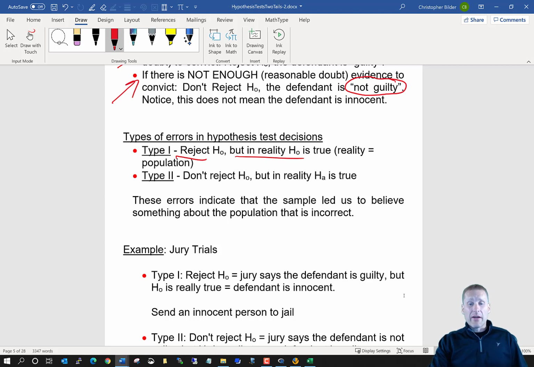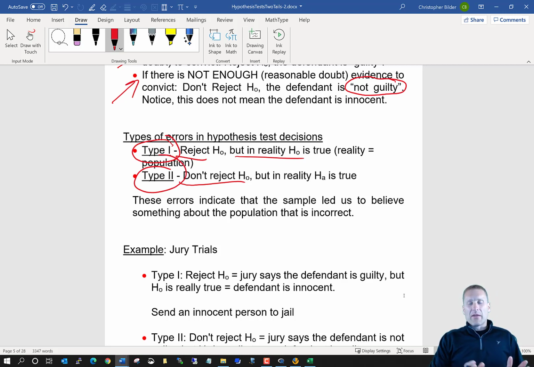Well, that would be an error. And in statistics, we have a fancy name for it. It's called a type 1 error. Also, we could say don't reject H0, but in reality, we should have, meaning that HA was really true in the population. And again, we have a fancy name for this kind of error, a type 2 error.